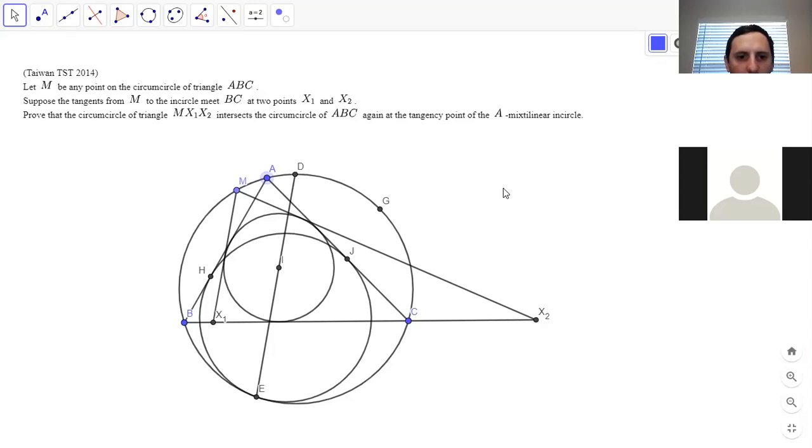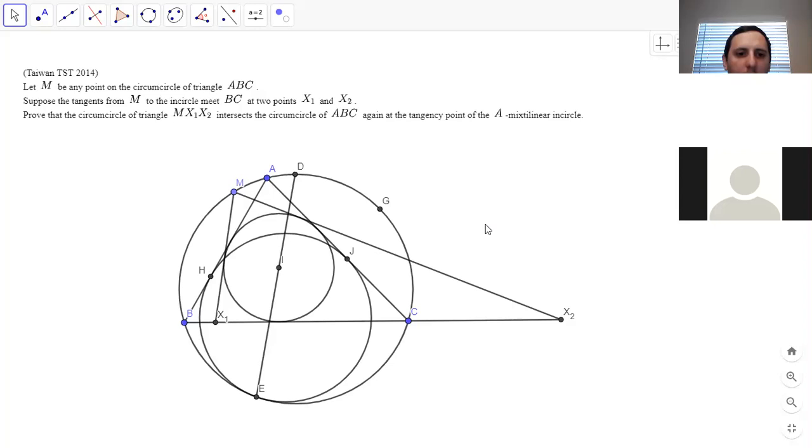So let's see, what's a good strategy here? Yeah, it's really interesting that M can be any point on the circumcircle. Let me think about the power ratio lemma. I haven't used it in a long time. But yeah, I don't think that would work so well because we don't really have three circles.